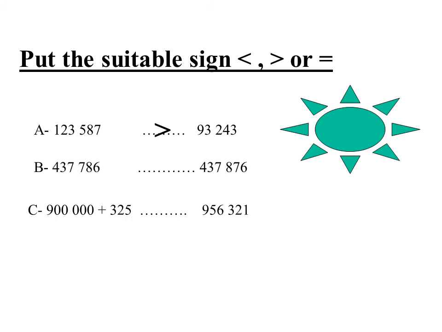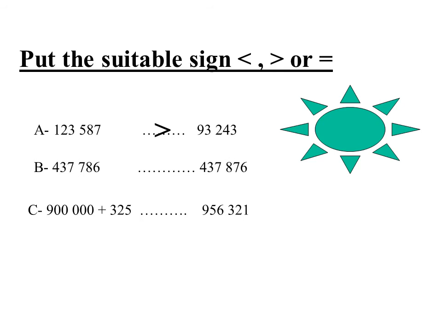So we'll compare the next digit. There is 3 in the first number and 3 in the second number, so we'll go to the next digit. It's 7 here and 7 there. Then we will go to the next number in the hundreds place.